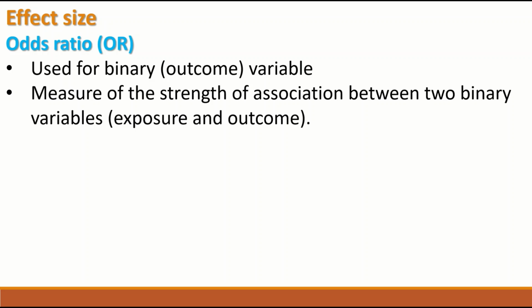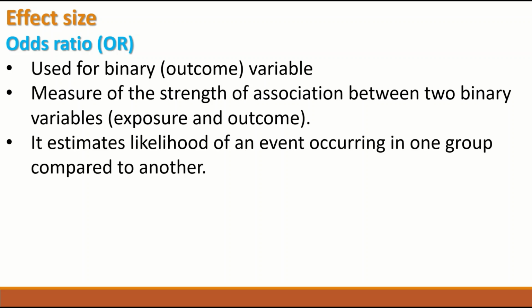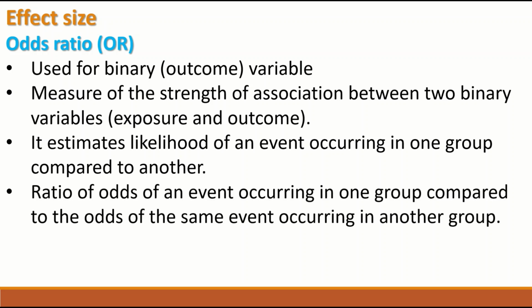It measures the strength of the association between two binary variables, such as exposure and outcome, or treatment and outcome. So it estimates the likelihood of an event occurring in one group relative to another. This ratio of the odds of an event occurring in one group compared to the odds of the same event occurring in another group is called the OR, or the odds ratio.